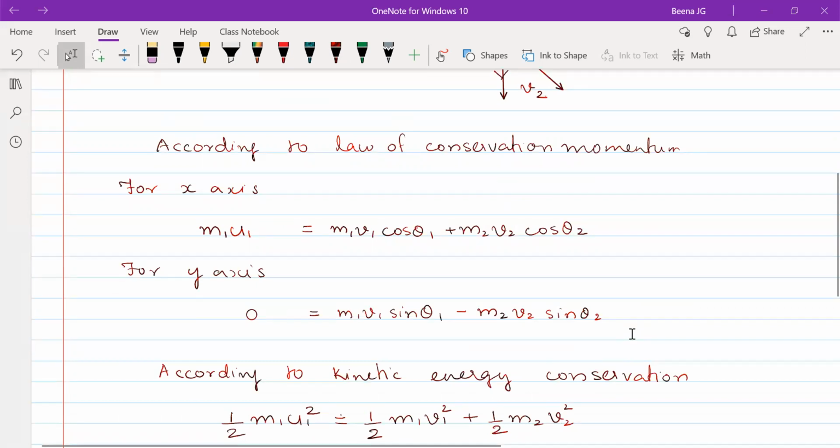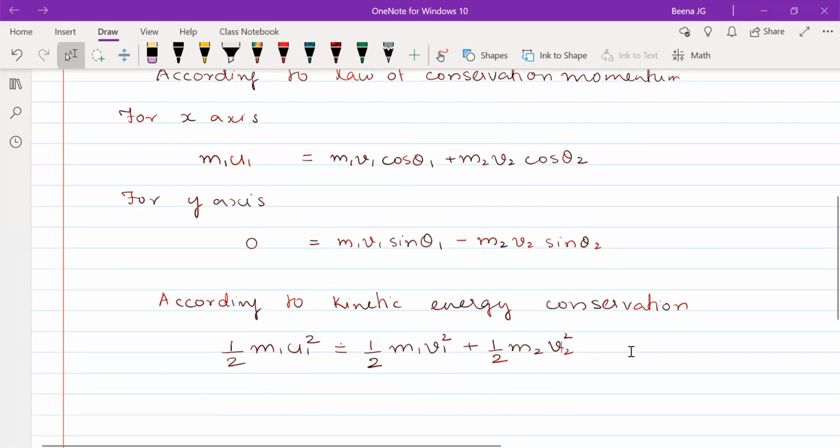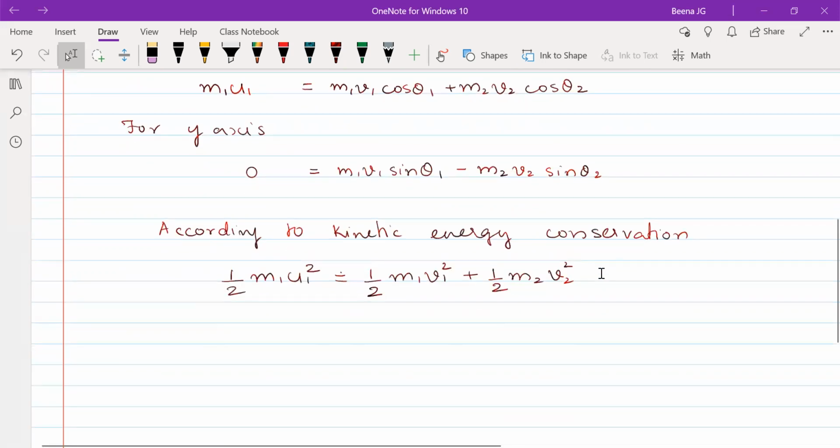If it is 2 variables, you need 2 equations. If it is 3 variables, you need 3 equations. And if there are 4 unknown quantities, you need 4 equations. We have only 3 right now. So directly with these 3 equations, we won't be able to solve this. What is normally done is that one of these unknown quantities, maybe θ1, is found experimentally, and once θ1 is fixed, you can find the other 3 quantities using these equations.